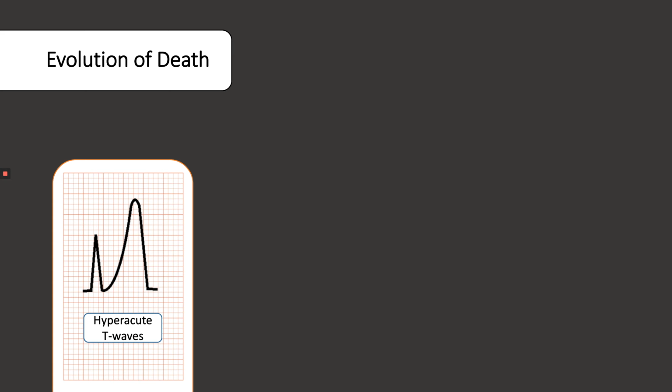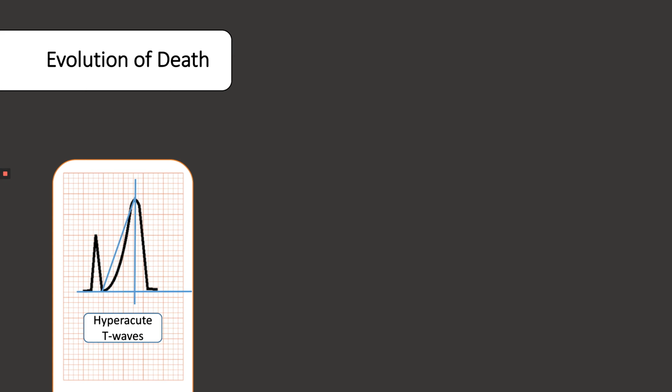Again, this isn't a guarantee that this is the first thing you're going to see, or that it will be there when you take this 12 lead, because it might have been there and gone away, or whatever the situation is. But either way, one of the first things that you typically see is a hyperacute T wave.